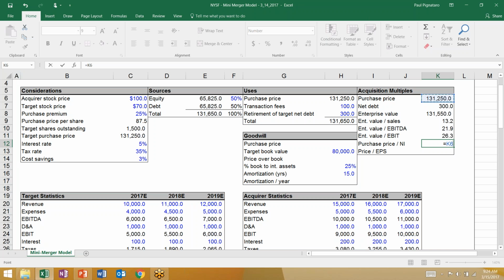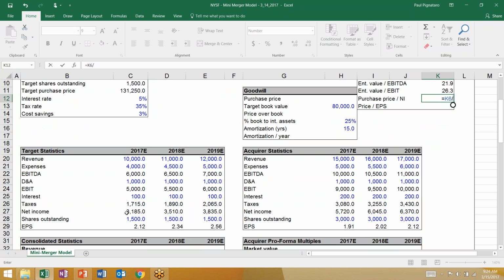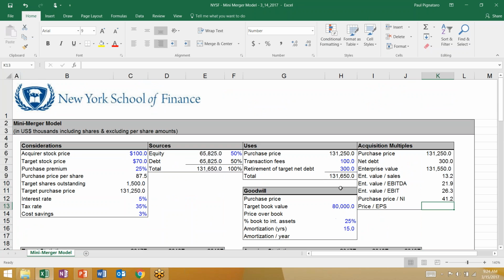Enterprise value is before lenders have been paid, before debt, or before interest. That's why we compare enterprise value to EBIT, before interest, EBITDA, before interest, and sales, way on the top, before interest. So purchase price is divided by net income. Okay? That's purchase price or market value divided by net income.